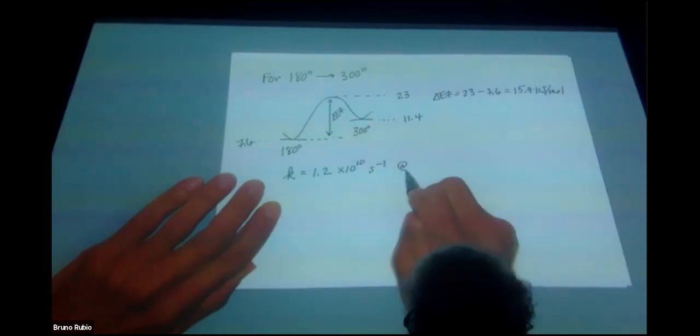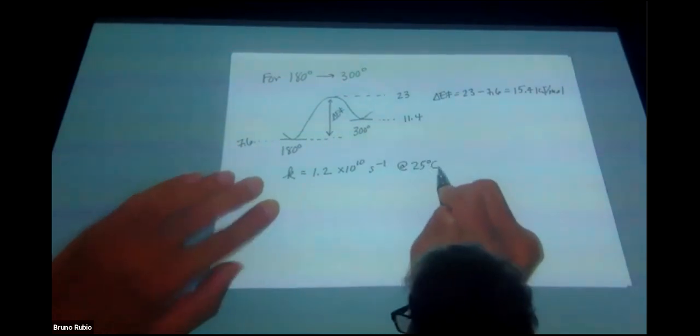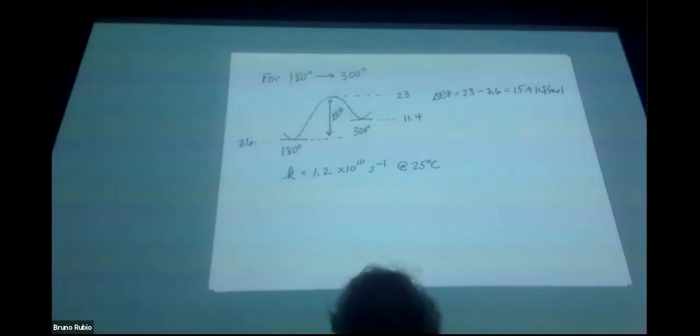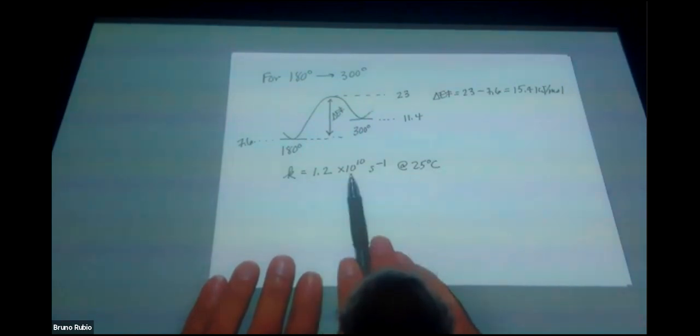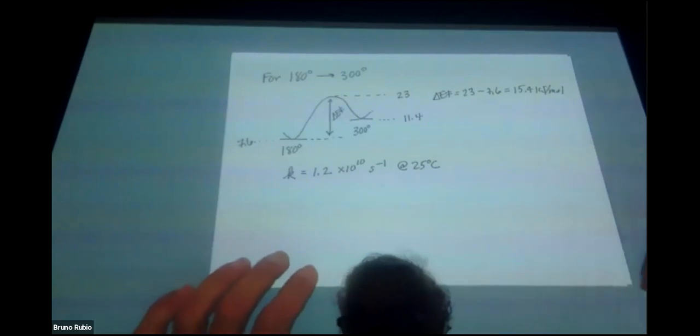And this is at 25 degrees C. Well, we've just come up with something earth-shaking: the bond is spinning 12 billion times per second at room temperature.